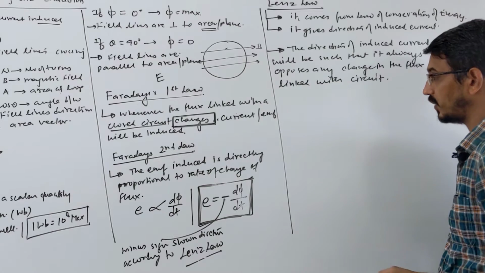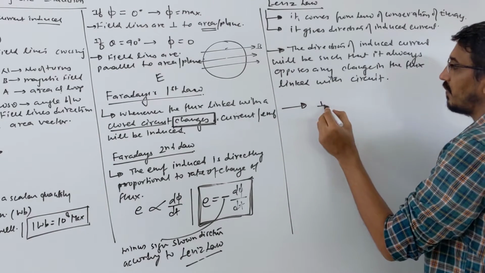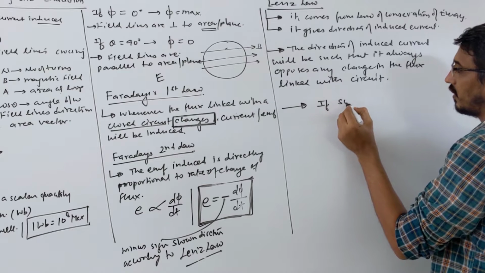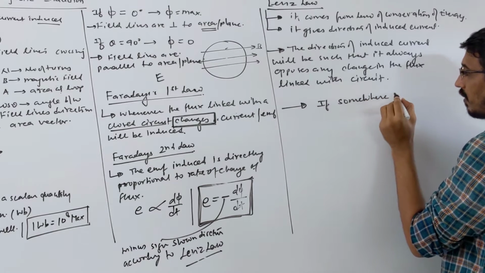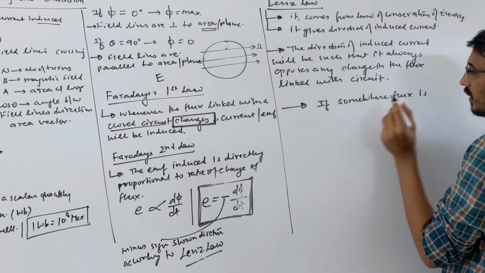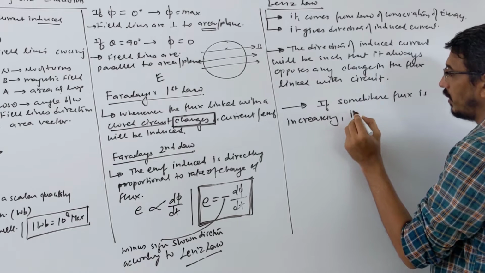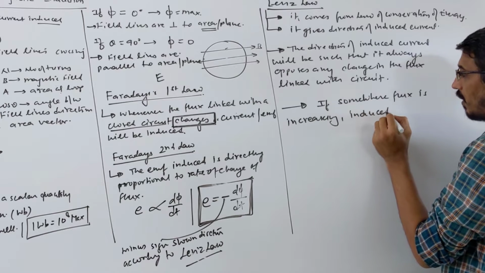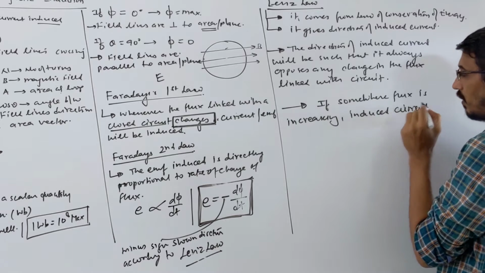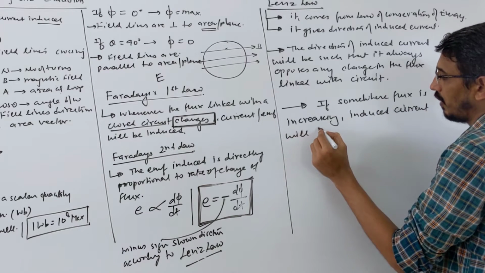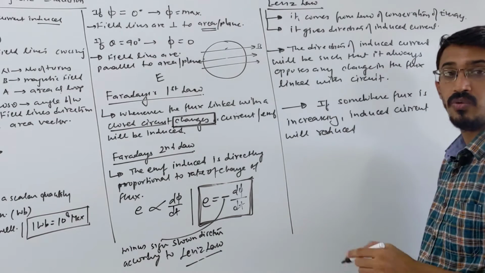So look here, suppose somewhere flux is increasing, then what will happen? The induced current will try to reduce it. How?